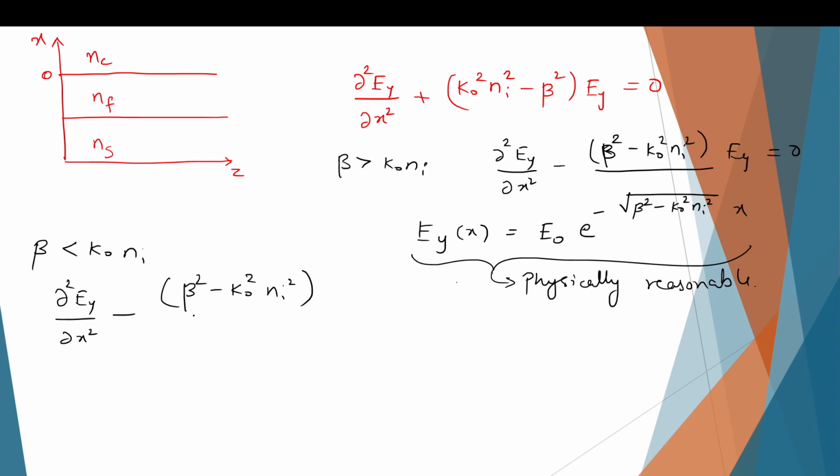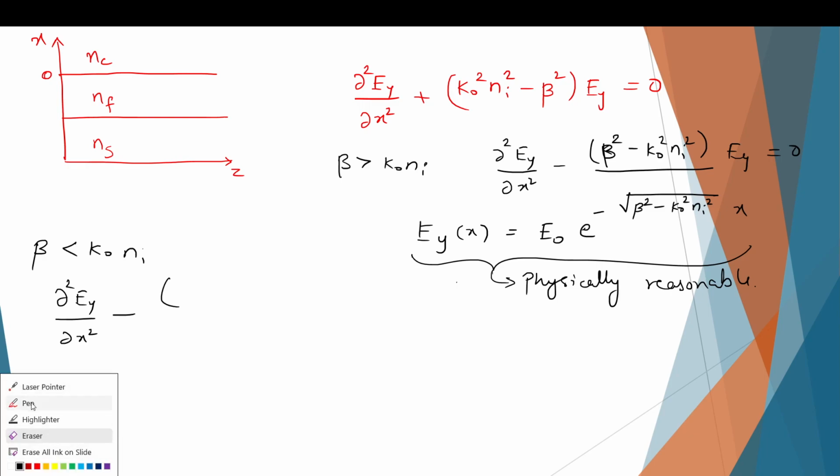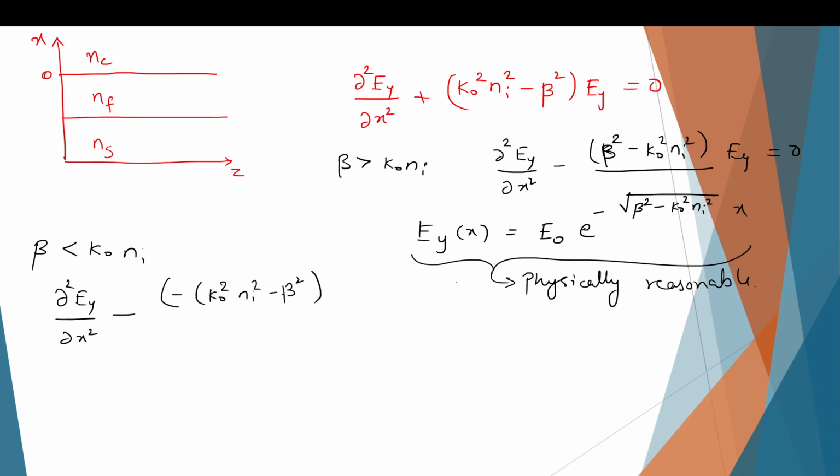Or rather I can write it as, just to make things clearer, negative of k naught square ni square minus beta square. So now this is a positive number, but there is a negative sign.